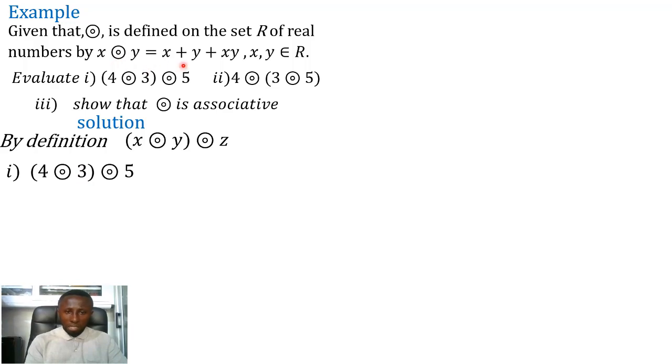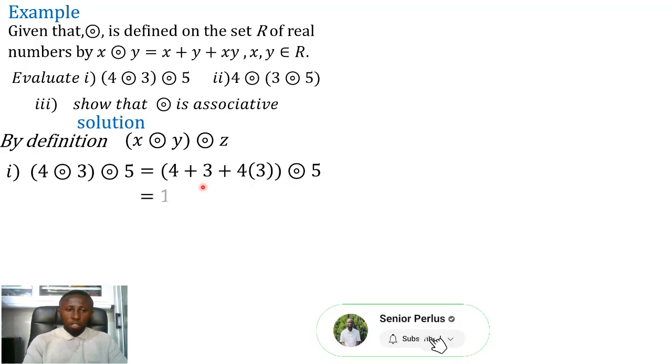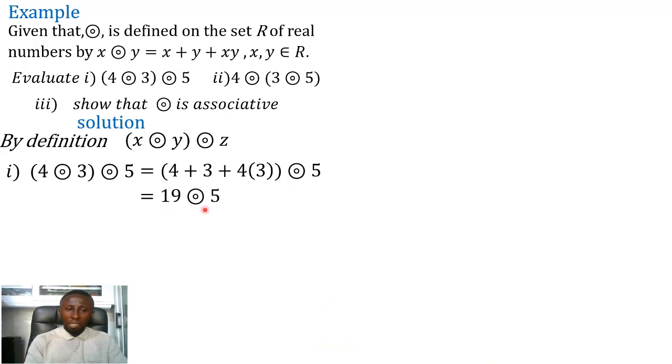In our definition, x plus y plus xy. So x, y, x, y: anywhere you see x, put 4, and anywhere you see y, put 3. And this is what we get, operation 5. Now the whole of this is our x, and this one becomes our y. So we can just add them, and we get 19 operation 5.